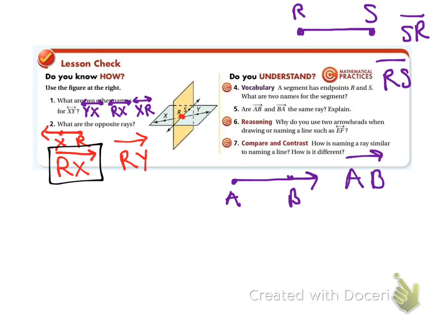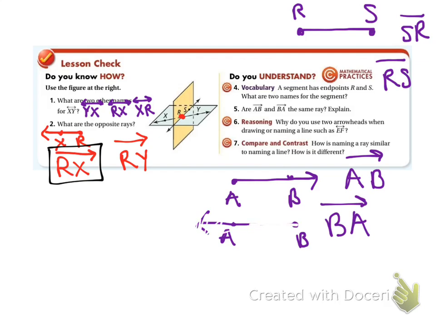My endpoint is at A, and it goes on forever towards B. And if I draw it below it, BA, this one is not the same because it has an endpoint at B and goes on forever towards A. So these are not the same ones. These are different rays.